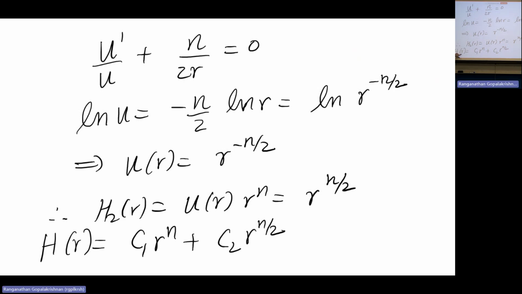And r is bounded. That is, r less than or equal to uppercase R. The problem with this solution is what happens at the center of the circle. You tell me what is the physics or what is the mathematical constraint at the center of the circle at r equal to 0.